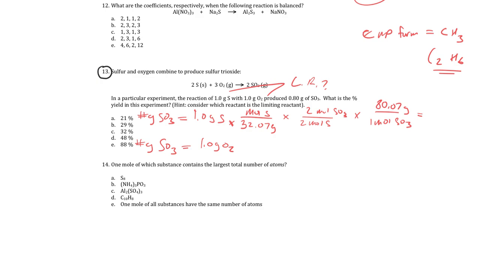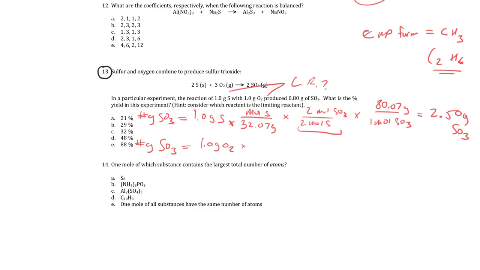That gives me 2.50 grams. But the key here is I can get that mass of SO3 if I have enough O2 for the sulfur to react with. So there's a big assumption here in allowing this reaction to take place, so that assumes we have enough O2. Well, let's see how much SO3 we get if we react all the O2 and assume we have enough sulfur for it to react with.